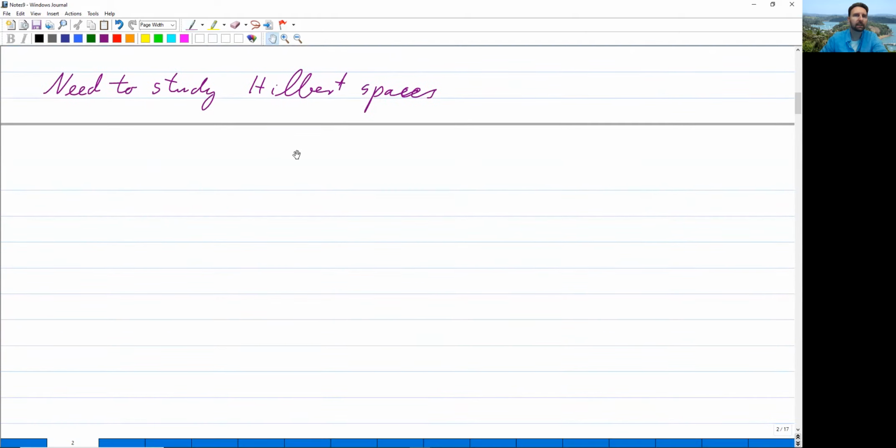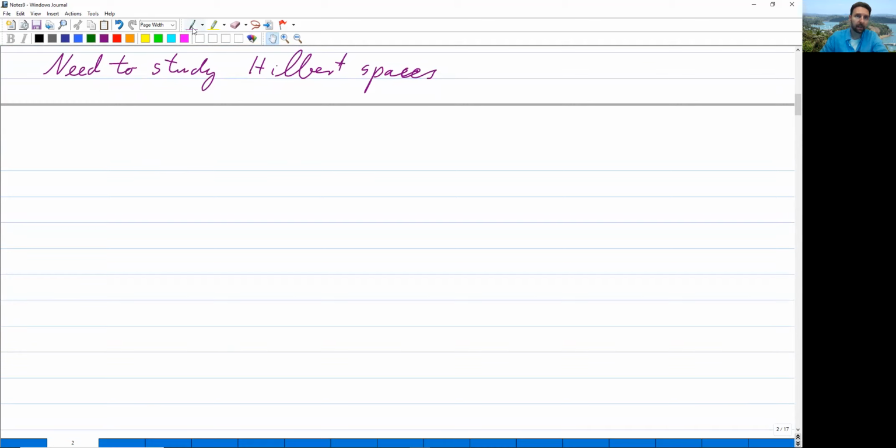The discipline that you would need to study to learn everything about Hilbert spaces is functional analysis. So we will do a bit of functional analysis today, and that will be pretty mathy, but we'll need it so that we are better prepared for the physics that comes after.